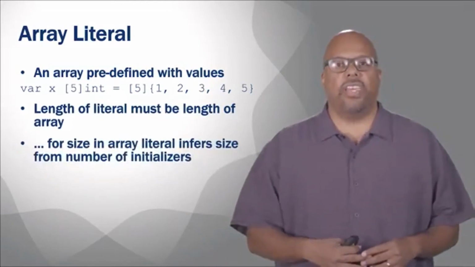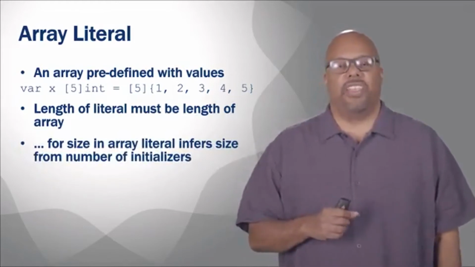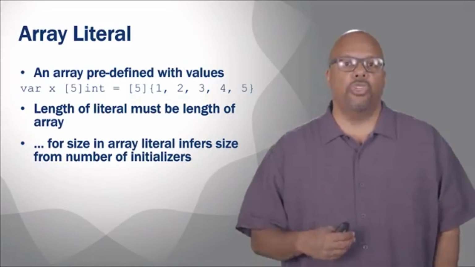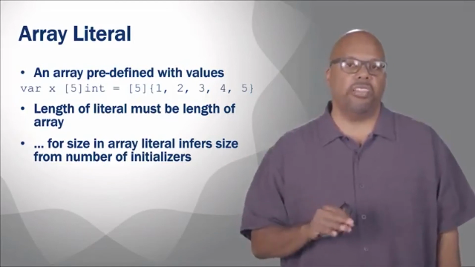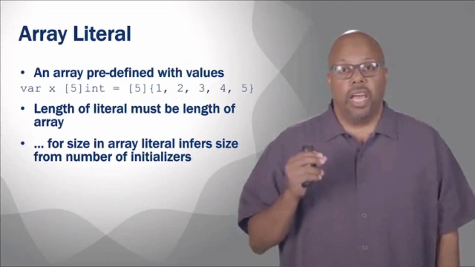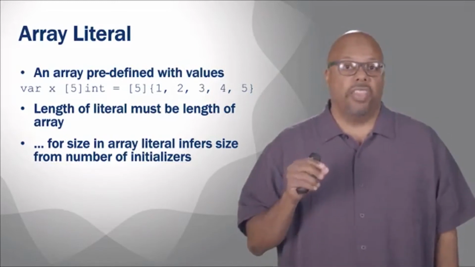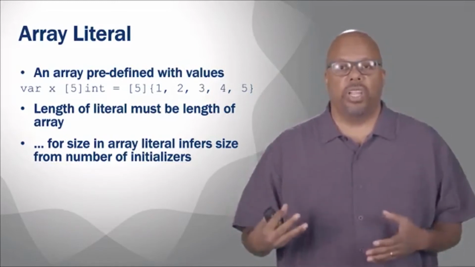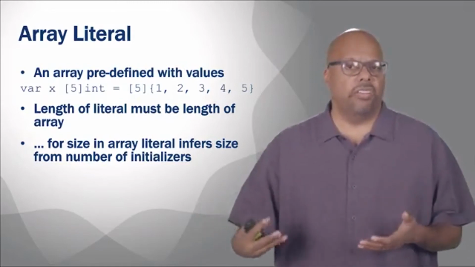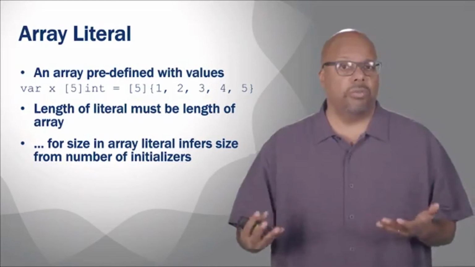Now there's this operation, dot dot dot. That's actually a keyword. Dot dot dot is used to express the size. You can use dot dot dot to express the size of an array literal. You can do that because if you have an array literal and inside the curly brackets you have 4 elements, then it's clear that you want this array literal to be size 4.